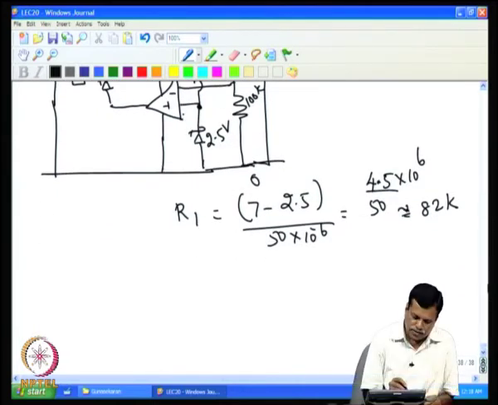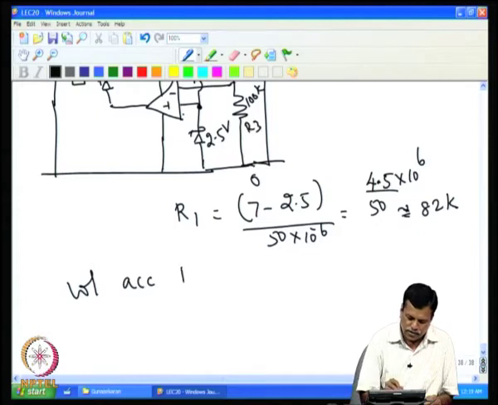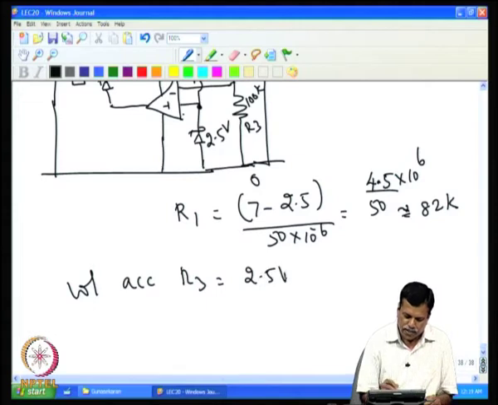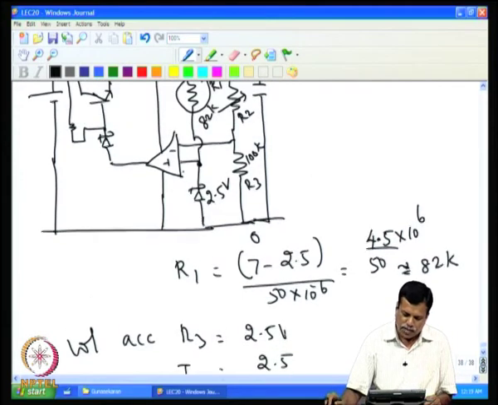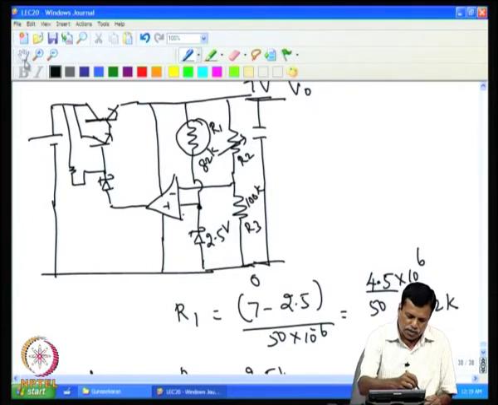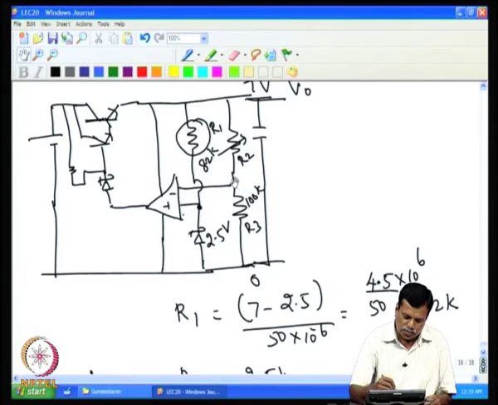The voltage across R3 is 2.5 volt, so the current is 2.5 by R3, and the same current flows through R2.